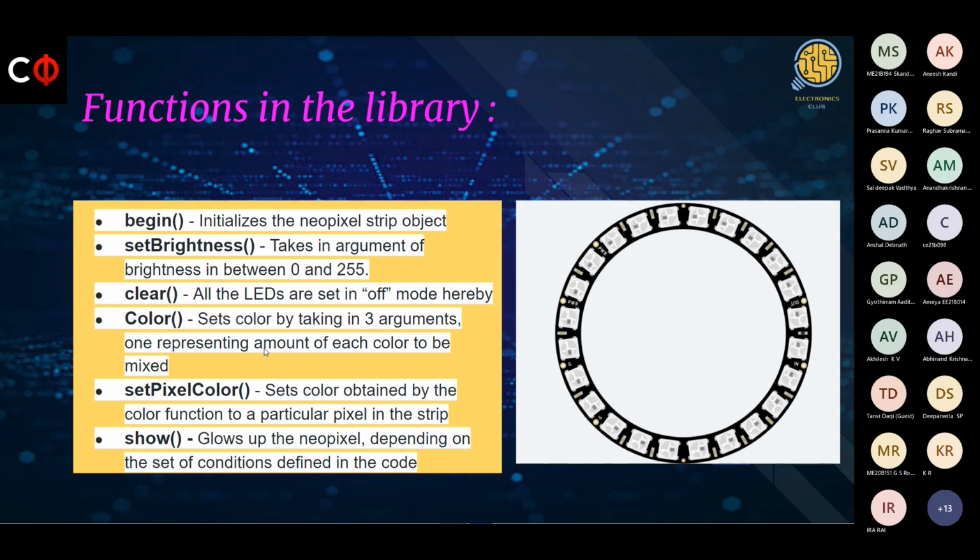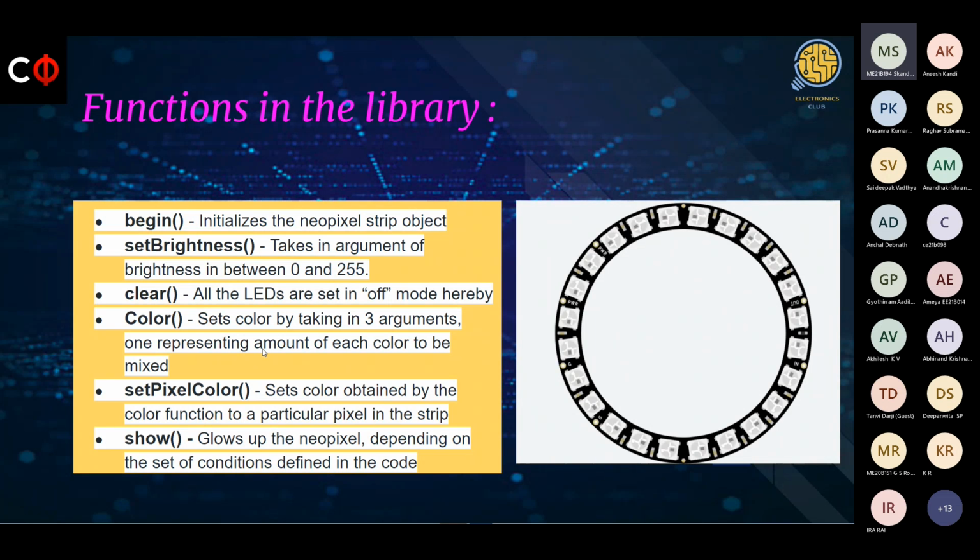So moving to the next function, we have set pixel color, which takes in 2 arguments basically. First argument being the pin number and the second the color value from the color function. So this is the function that sets color to a particular pin. That is the function that gives the output of the color that you want.